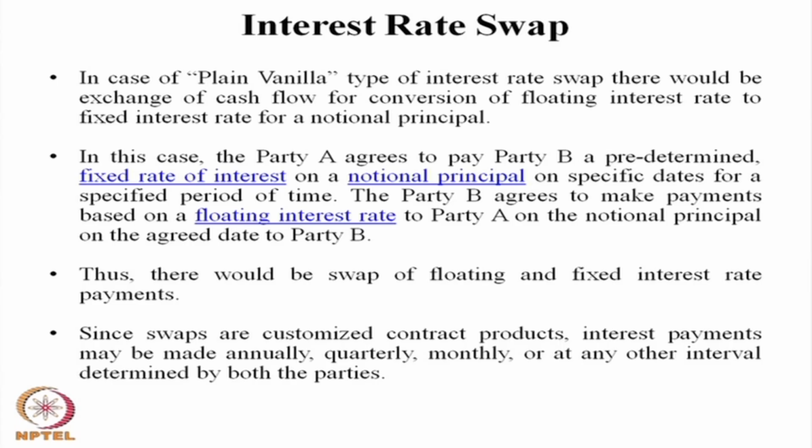Since it is a customized product, the customization takes place on the payment of interest, whether annually, quarterly, monthly or at any particular interval. It is a plain vanilla product, but you have to understand some terminology associated with it.